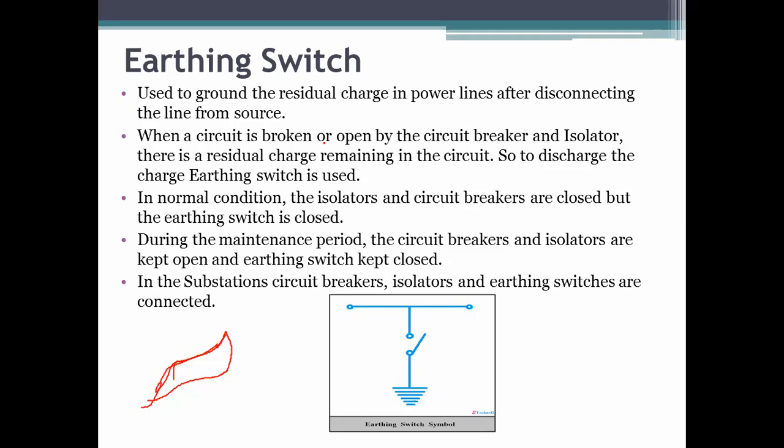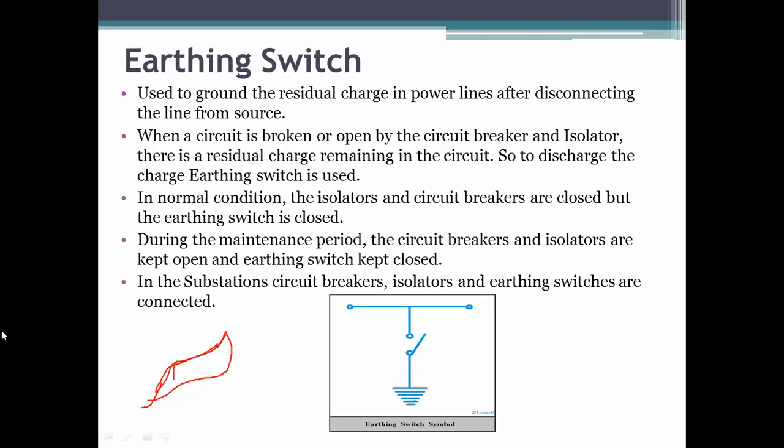When the circuit breaker and isolators are open, the earthing switch is closed. In this way we have to check the sequence when we operate. So this is the last point of your chapter, that is the earthing switch.